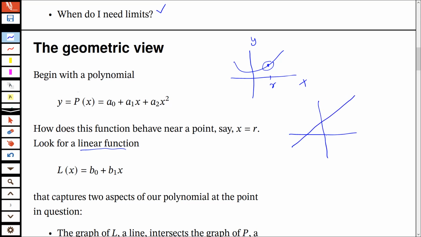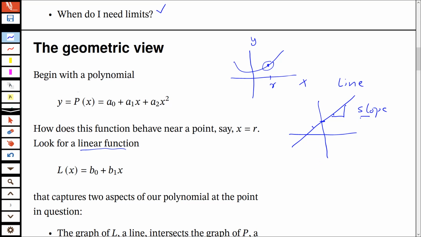The graph looks like that. Between any two points, a linear function will be represented in this plane by a line. And the beauty of a line is that it has just two properties: a slope, and an intercept, at what point it intercepts the y-axis.